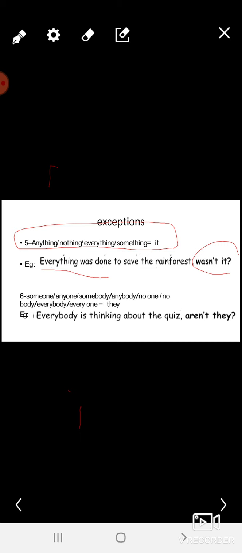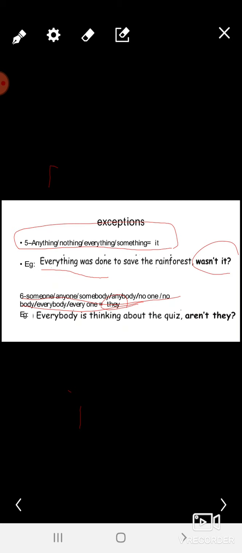In other words, someone, everybody: these words express the person. The above mentioned words express the thing, but these words express the person. We consider these words plural and we say they instead of them. For example, look at the example: everybody is talking about the quiz.